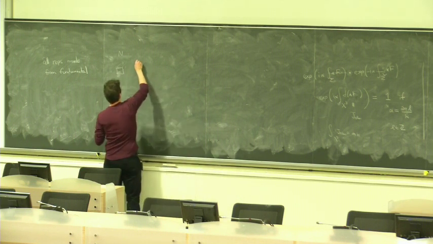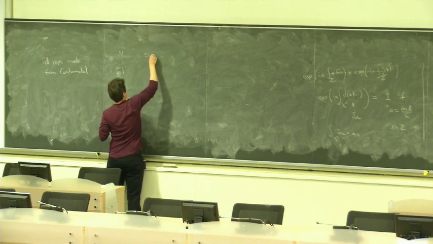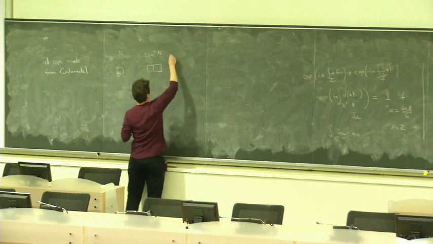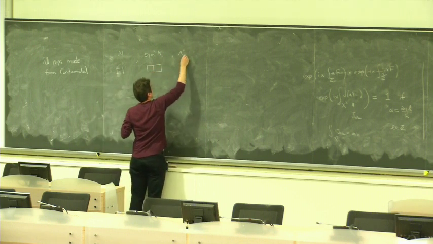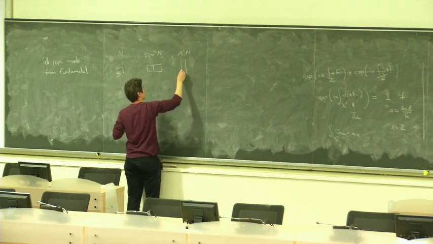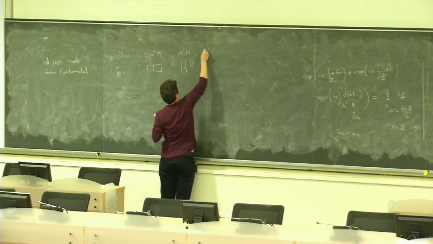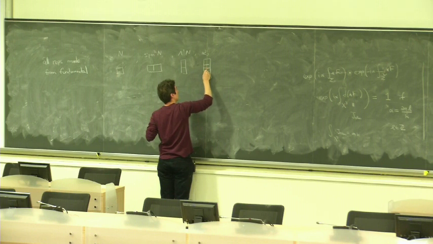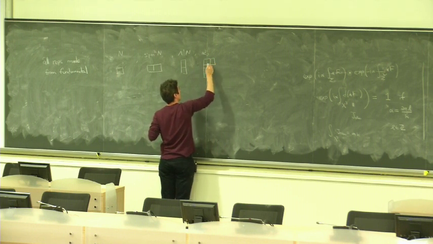So for instance, we can have the symmetric square of n, and we would denote it in this way by two boxes, or wedge squared of n, the antisymmetric part, and you denote it by this. We often are interested in the adjoint. That looks like this kind of hook Young diagram.